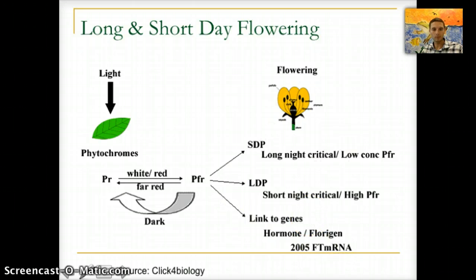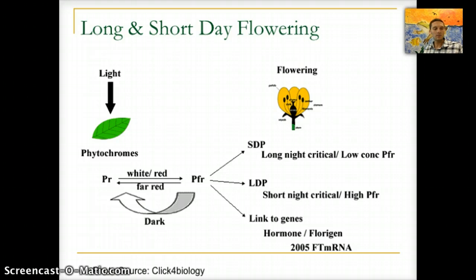So we'll get to the flowering portion here in just a second. The two different wavelengths that can be absorbed are red light at 660 nanometers or far red light at 730 nanometers. We talked about during the photosynthesis unit wavelengths being of different amounts. Different wavelengths cause the different colors, and so 660 and 730 are the two that we're looking at.